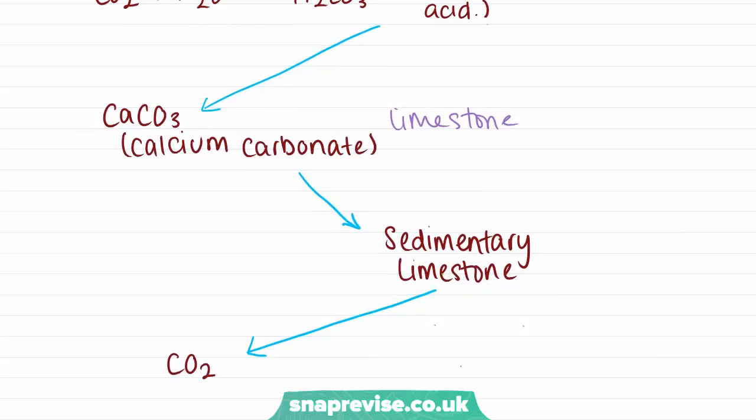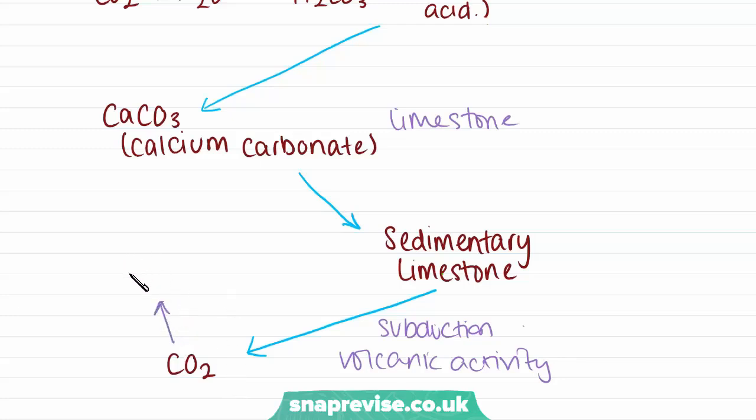And then, as I was referring to before, through the subduction of plates at plate boundaries and where we have volcanic activity, this limestone and sedimentary rock that's been subducted is melted and then released in volcanic activity. It comes back up to the surface again, and CO2 is released back into the atmosphere.